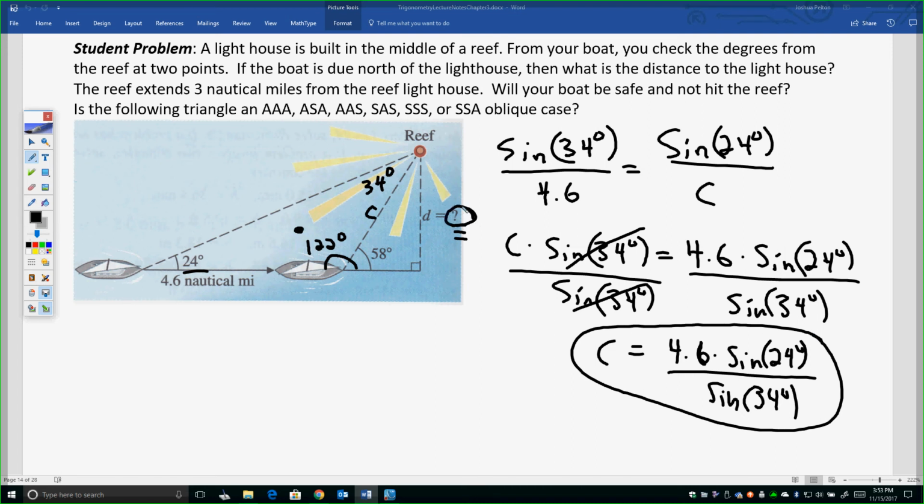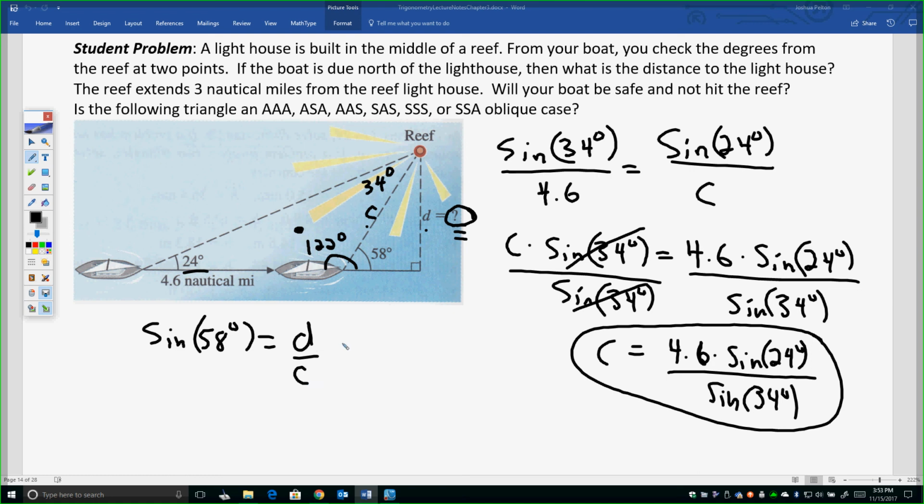So if we go to triangle D, that is a right triangle, we can use SOHCAHTOA. So if we do side C and D, using the 58 degrees, that's opposite over hypotenuse, that is the sine function. So that means the sine of 58 degrees equals D over C. But we're solving for D, that's all we want, correct?